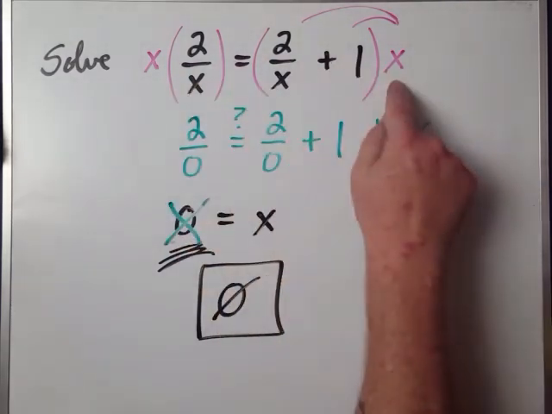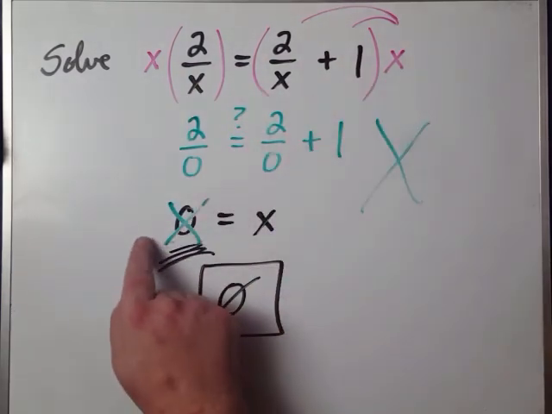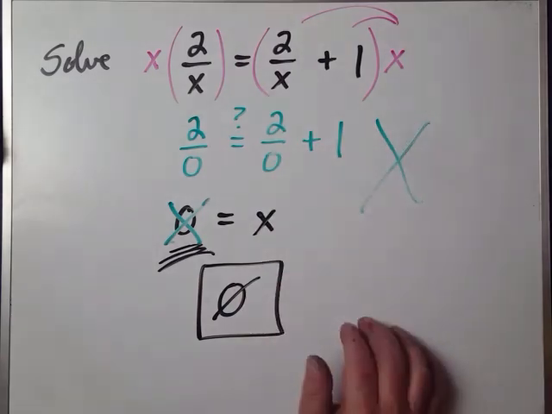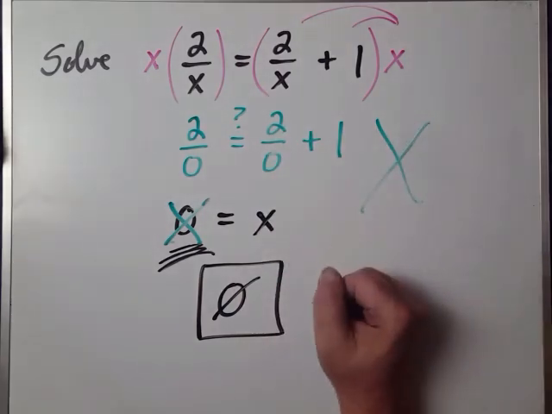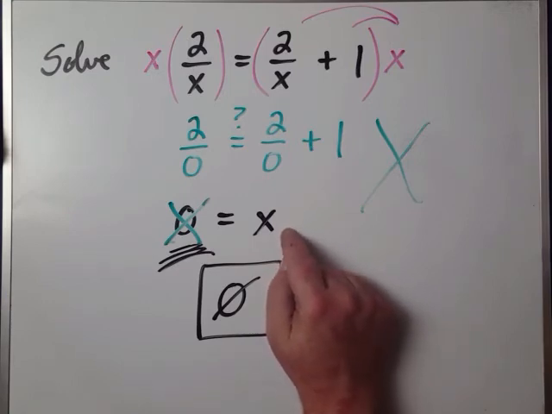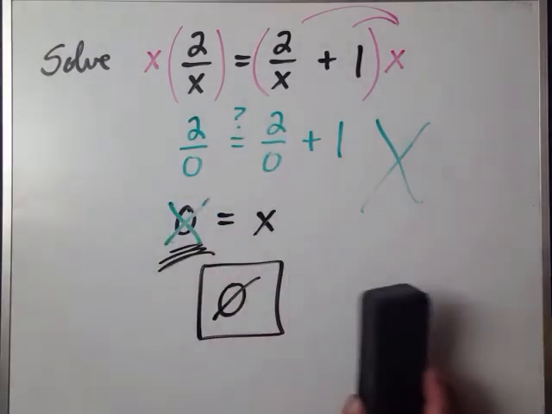I ended up multiplying both sides by 0, which produced an extraneous solution. So in this section, whenever you have variables in denominators and you clear the fractions, what you get are proposed solutions. But then you must check to make sure that they are viable solutions, that they do indeed work.